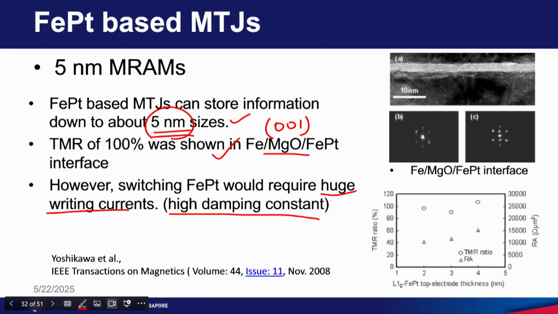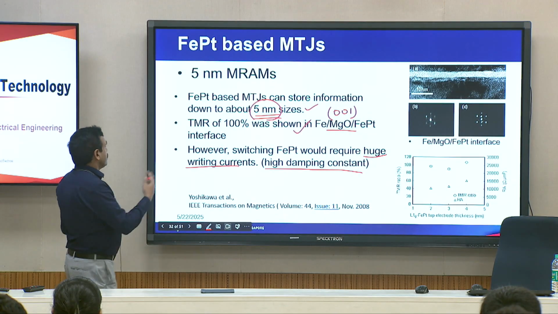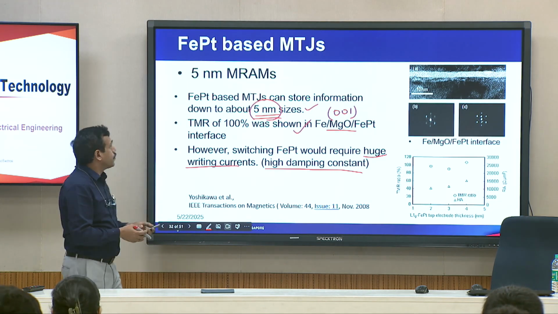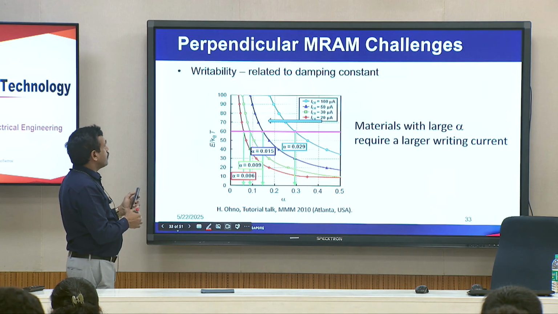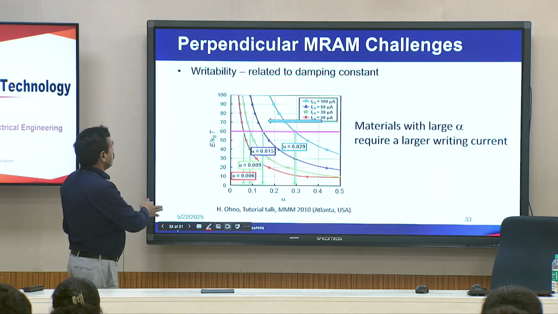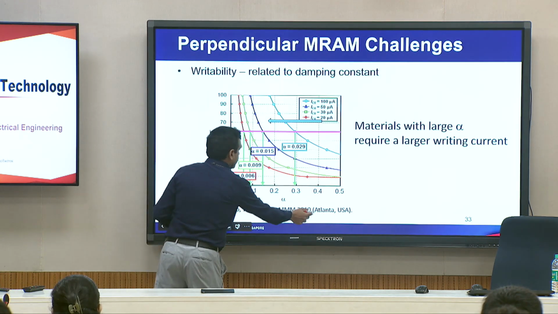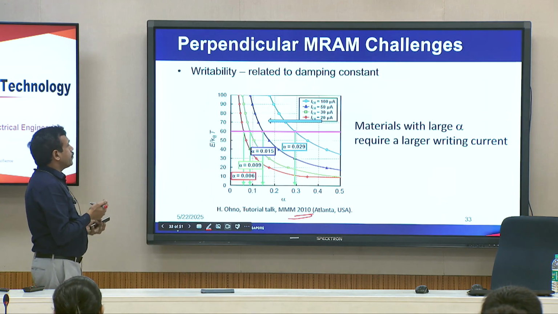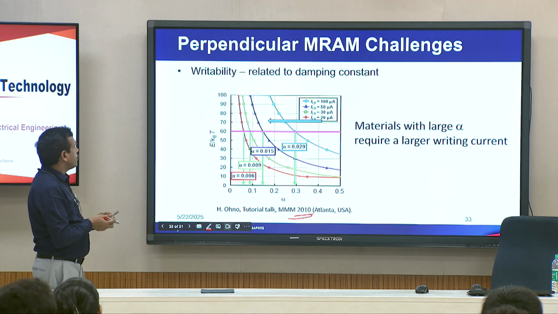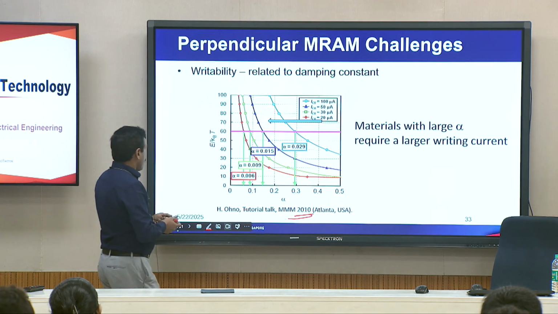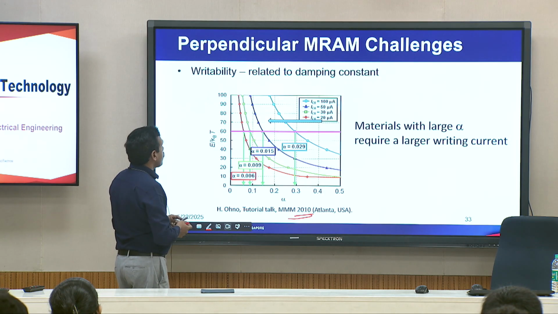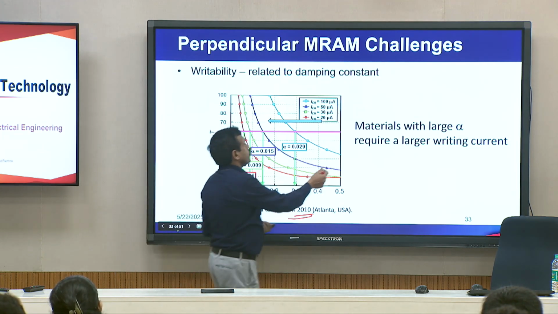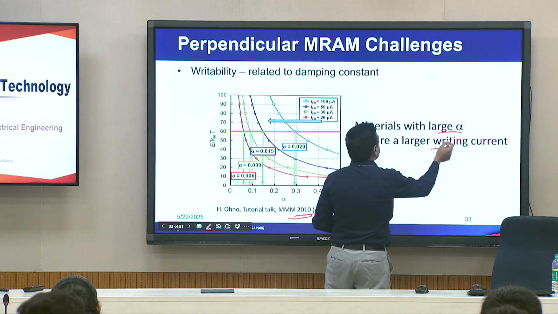So you see, people didn't sit idle. They tried so many materials with perpendicular anisotropy to achieve perpendicular MRAM, but until this point, somewhere in 2010, nothing worked. So all the materials people looked at had some problem or the other. Okay. So I already told you, if alpha is larger, you need a very large writing current.